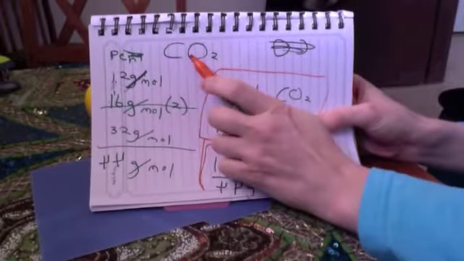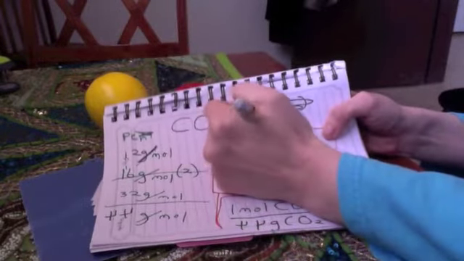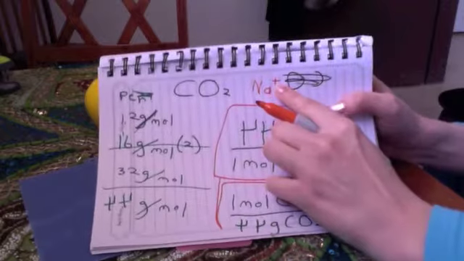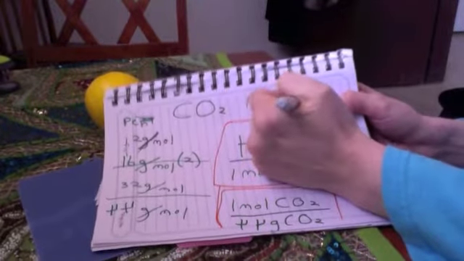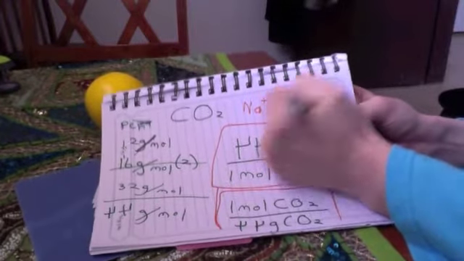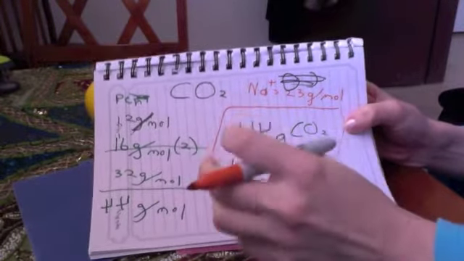I want you to just know how to calculate the molar mass of anything, whether it's a single element, an ion, and again, if it is an ion, let's say it's sodium Na+, okay? I still use the 23 grams per mole that I talked about before. Why? Because electrons, remember how we said that electrons are so lightweight.